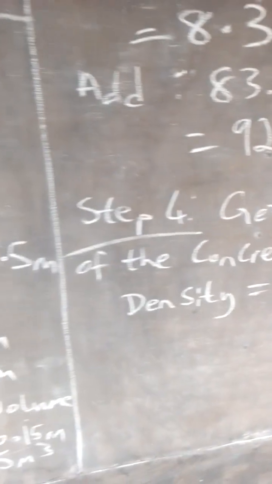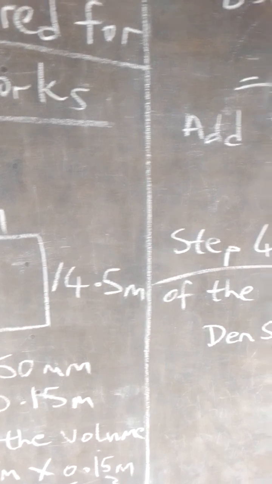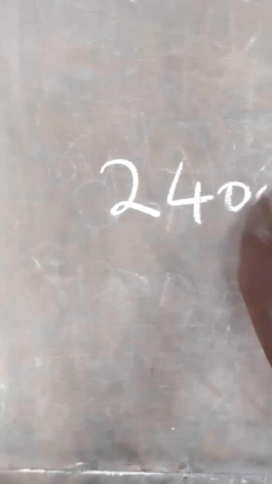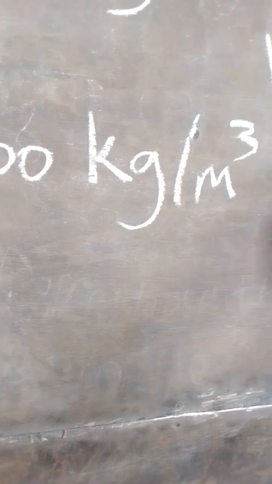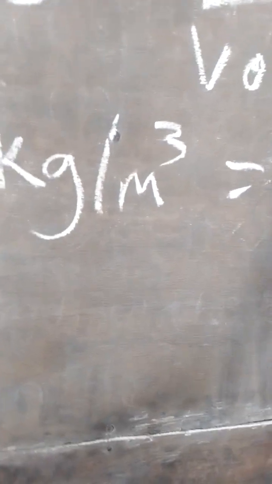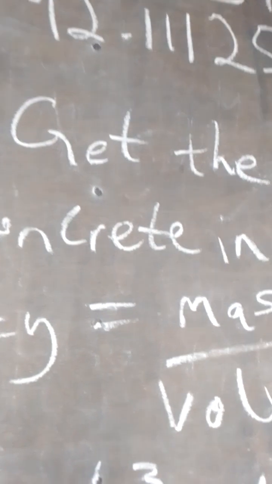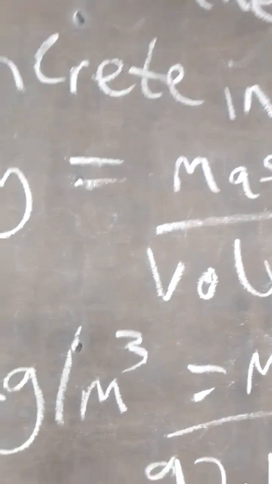Now, the density of a dense concrete is simply 2,400 kilogram per meter cube, equals the mass. We don't know the mass, that's what we are looking for. Then the volume is already here, 92.11125 meter cube.